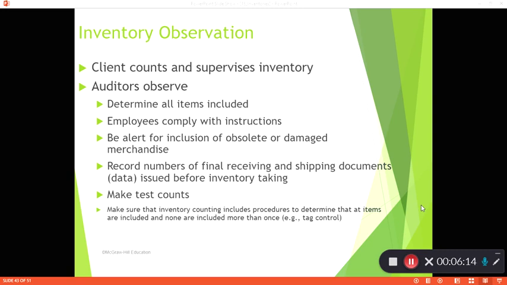As the auditor, I'm going to go in and count that, and make sure their count matches up with my count. I'll do that on a sample basis. I'm not going to do it for everything, but I'll do it on a sample basis to make sure they're counting accurately.